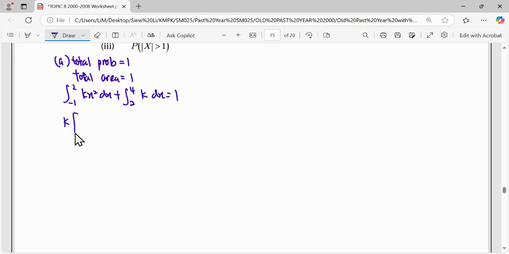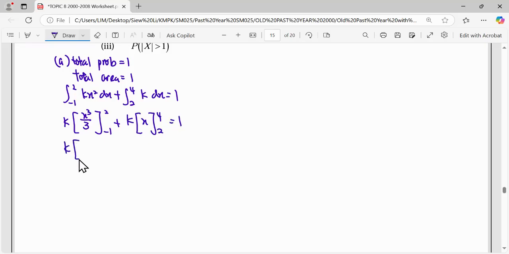We factorize out k. Integrate x squared: power plus 1 over new power. Upper limit is 2, lower limit is -1. And then this is k, we factorize out. This is 1, integrate 1, we get x, so 4, 2.